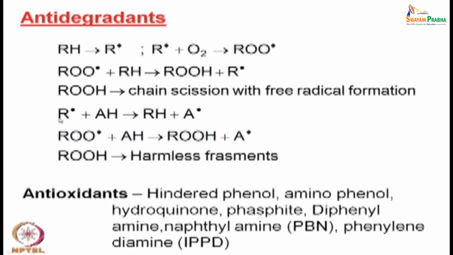So, even if some free radical is created, this antioxidant will revert it back to a rubber hydrocarbon, creating a new radical. This radical is harmless, because the structure and formula of these compounds is such that the electronic configuration stabilizes this free radical. This stabilized free radical is not as reactive as R dot, RO dot or ROH, etc. So, this is harmless.